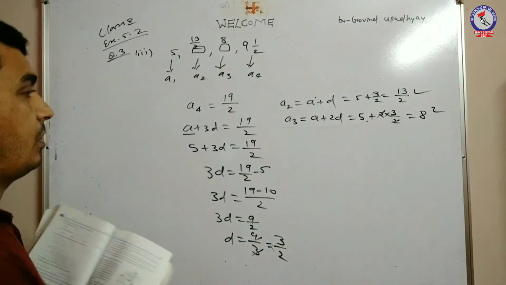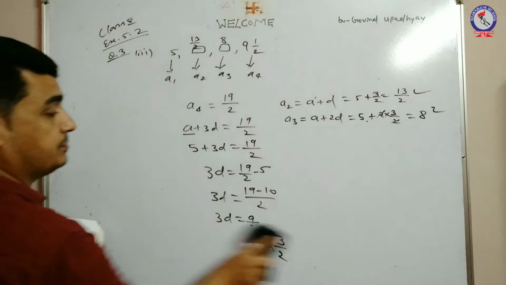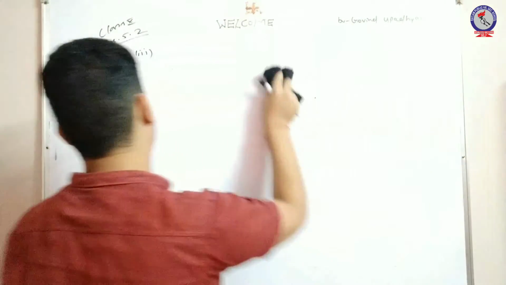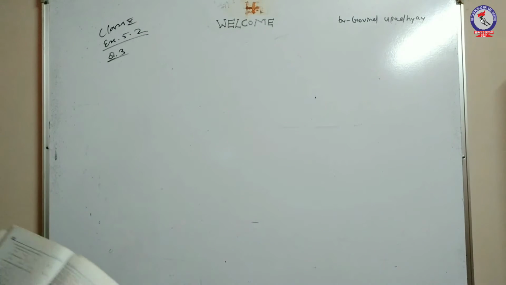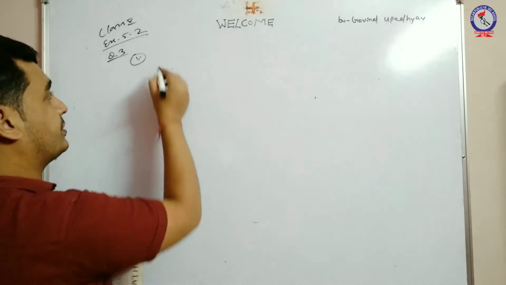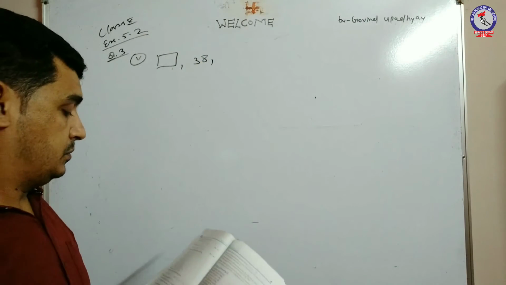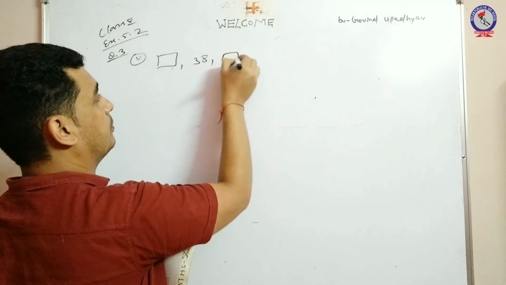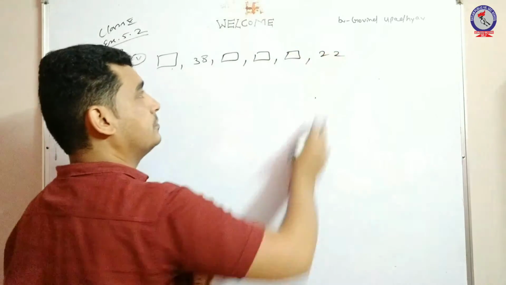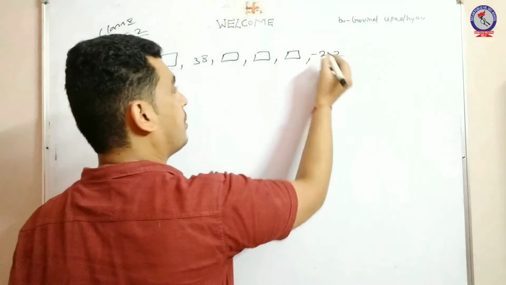The fifth question: box, 38, box, box, box, and the last term is minus 22.